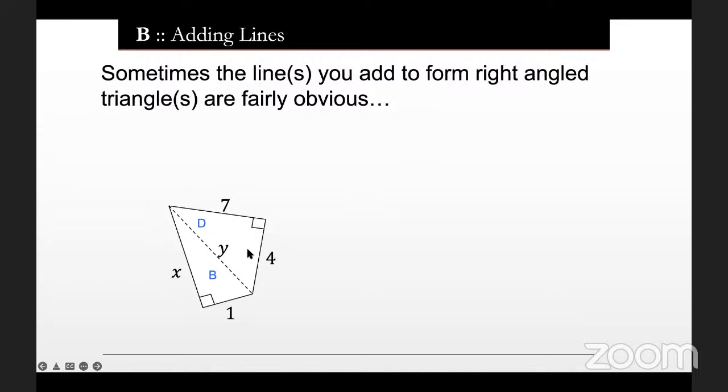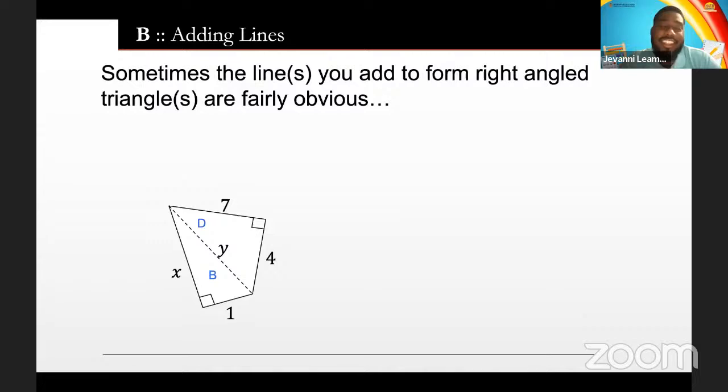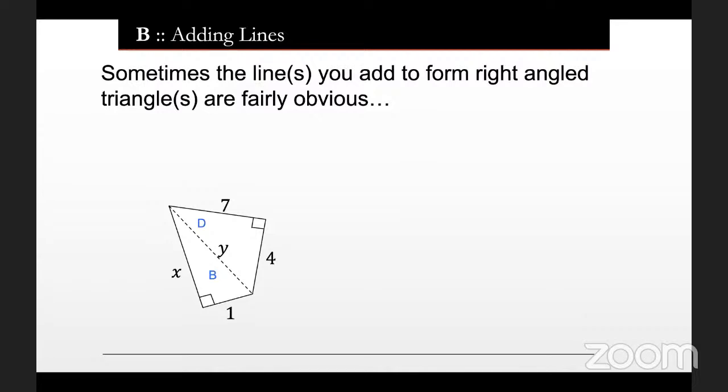because the formula says a squared plus b squared gives c squared, and I think a squared is the base and b squared would be the opposite side.